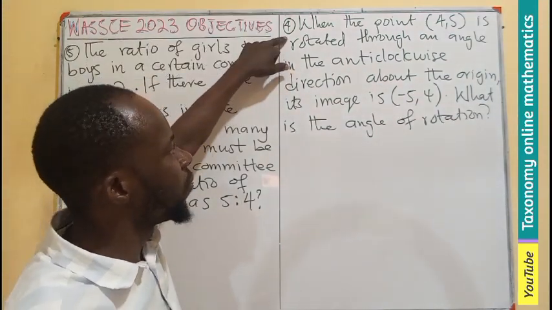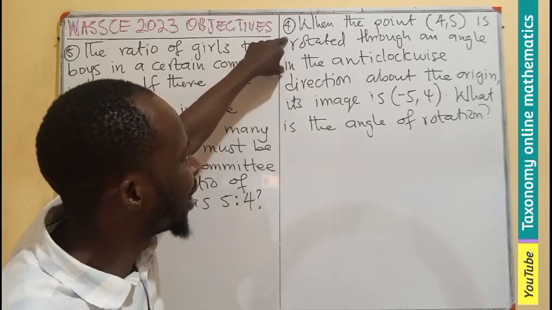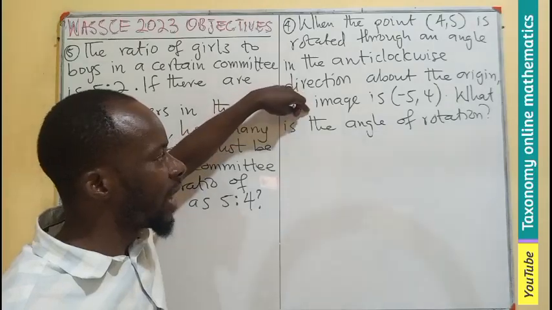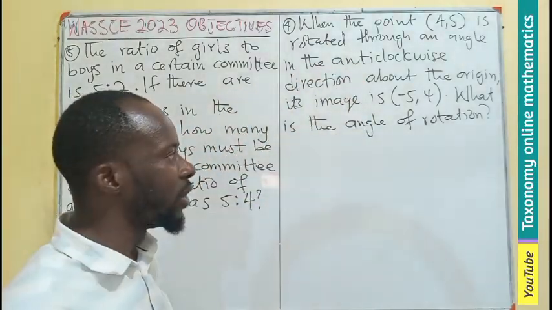When the point (4, 5) is rotated through an angle in the anticlockwise direction about the origin, its image becomes (-5, 4). What is the angle of rotation?